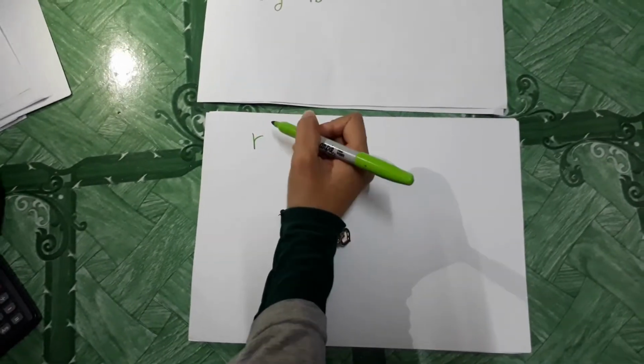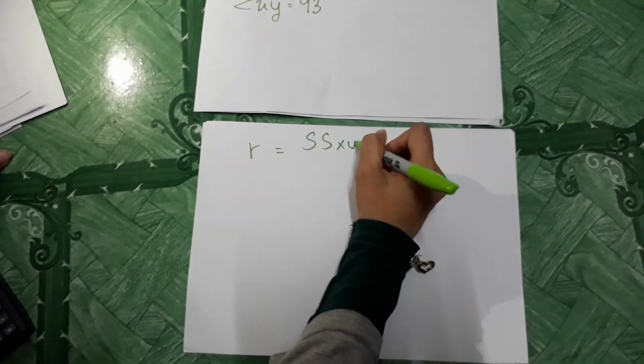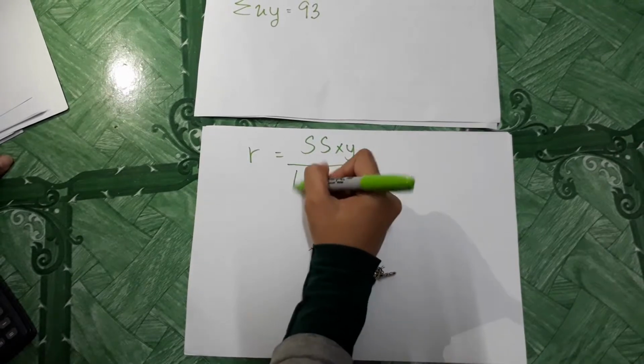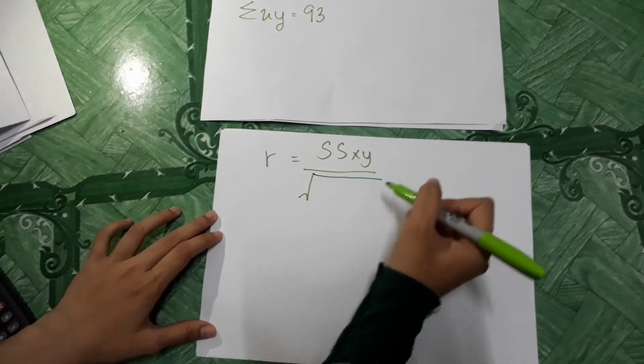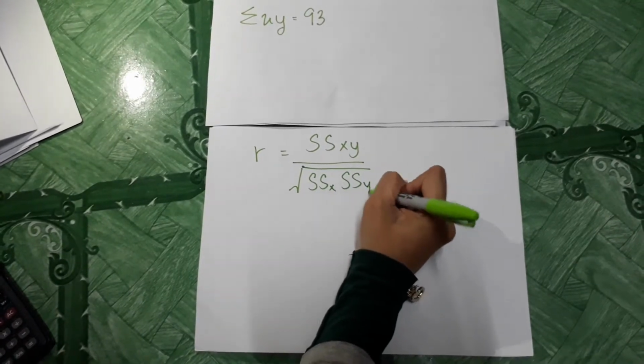And then to find the R, use the formula of SS of X times Y over the square root of SSX times SSY.